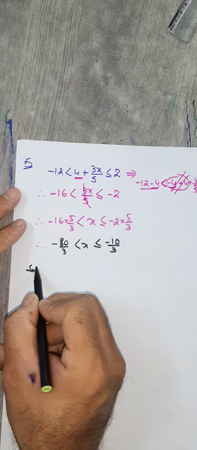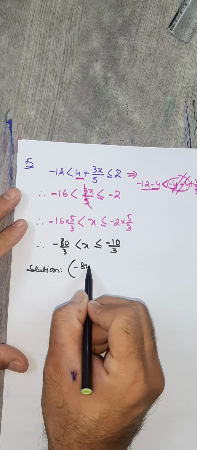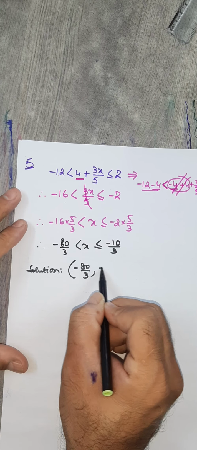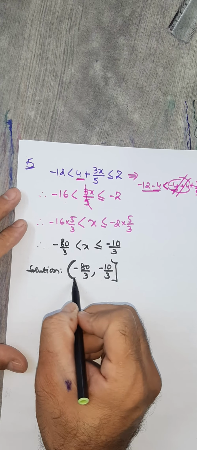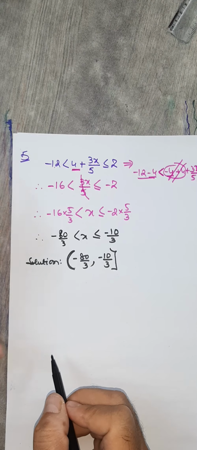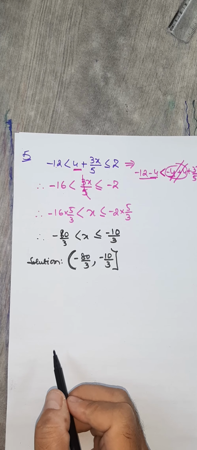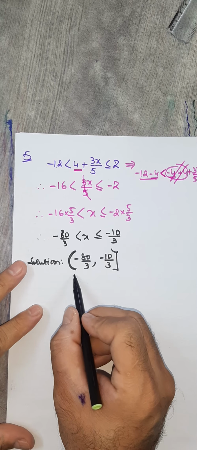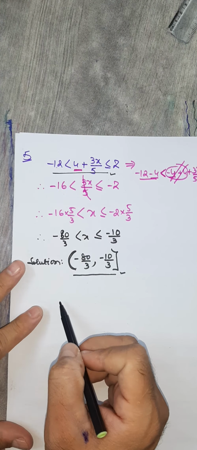And therefore the solution would be from where to where? Open interval minus 80 by 3 to minus 10 by 3, closed interval. Every number from this will satisfy this inequality. That's why it is called the solution.